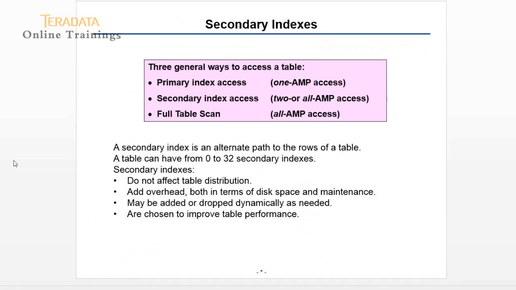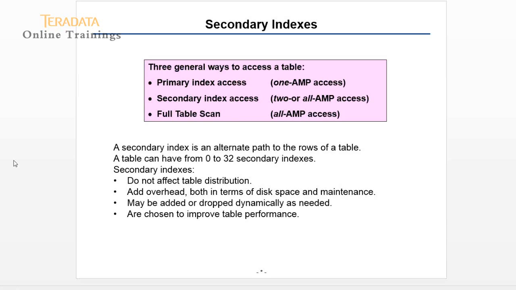Secondary index is also useful in terms of improving the performance of the query. The only thing is it will be an additional overhead to maintain in the tables, because secondary indexes can be created and dropped dynamically, unlike primary index, because primary index cannot be dropped once it is created, whereas secondary index can be modified after the creation.